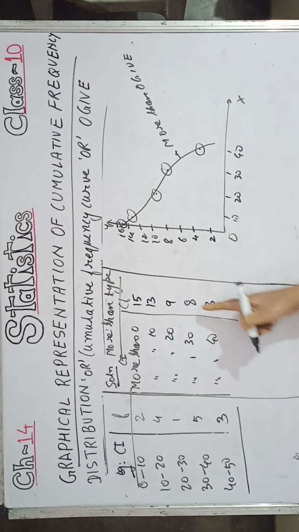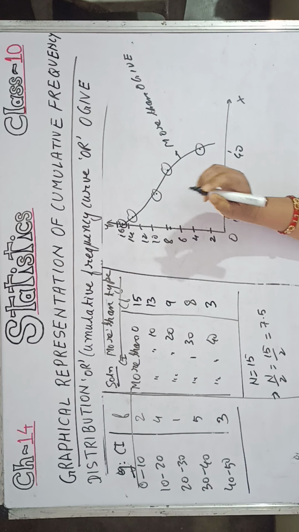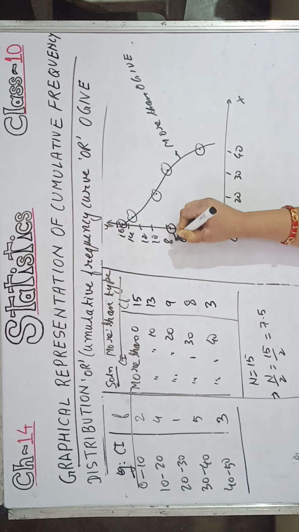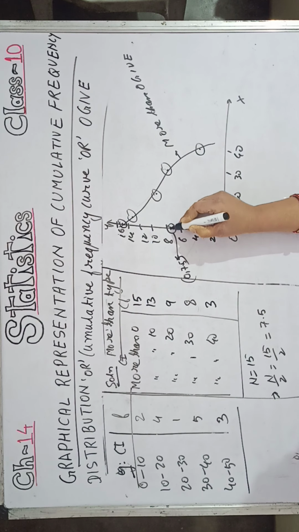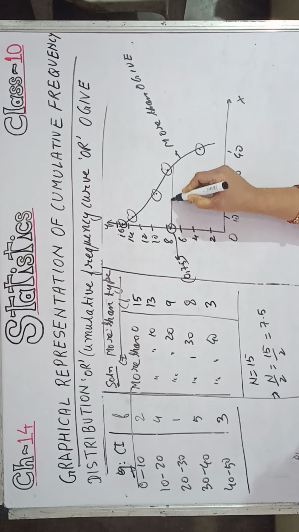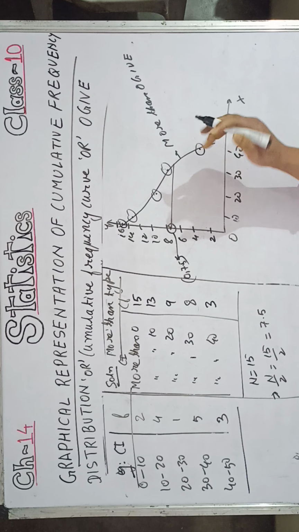So 0 comma 7.5 is this point only. So I am marking it and writing the point somewhat over here. If you have space, you can write it properly. So 0 comma 7.5. From here we will be drawing a line parallel to the x-axis to intersect the given curve at any point.